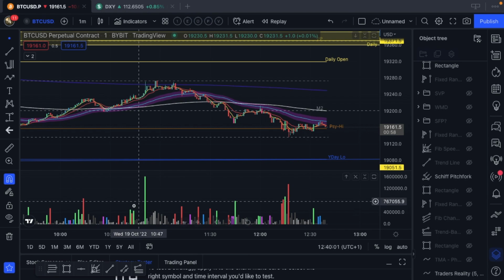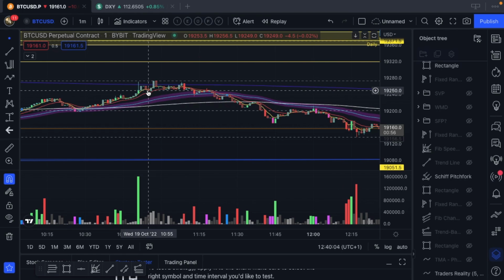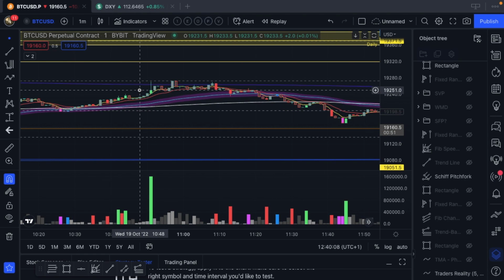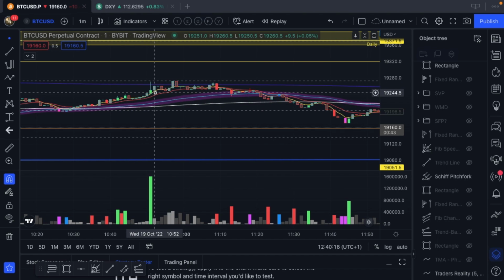So we have this big, huge green candle here. And look at this. It's a tiny little candle that corresponds with it, with a big wick to the upside, and it stops. So this is what is called, well, Tino calls it a stopping volume candle.